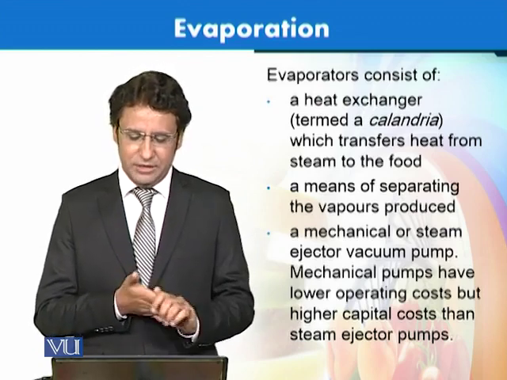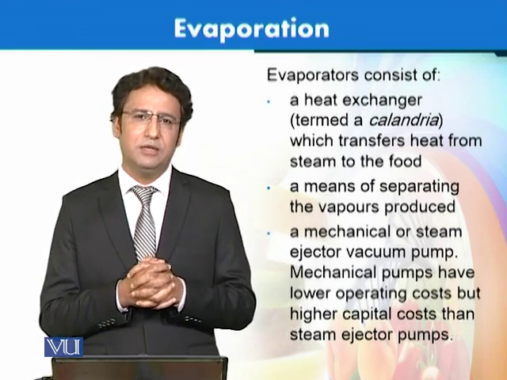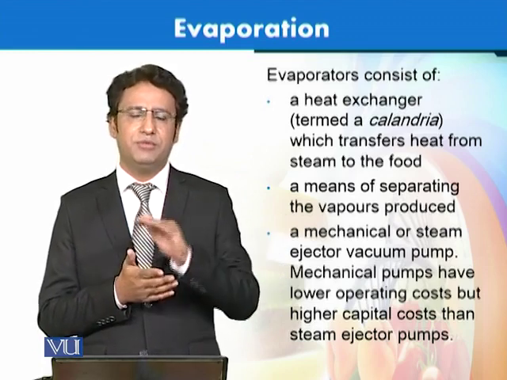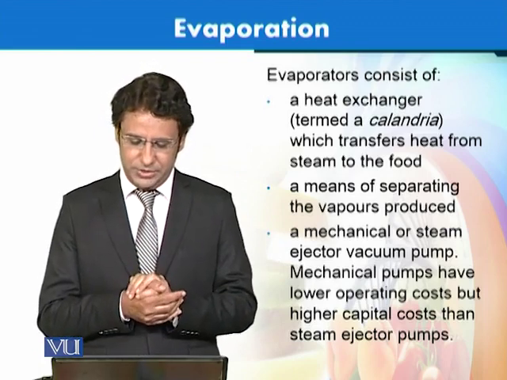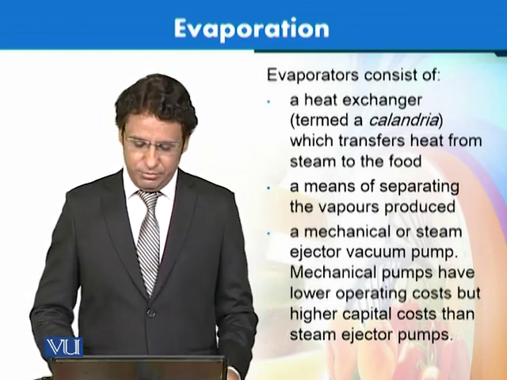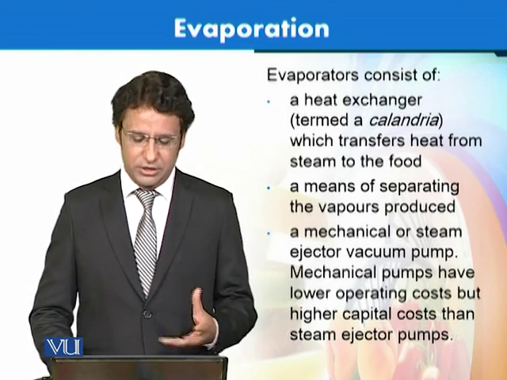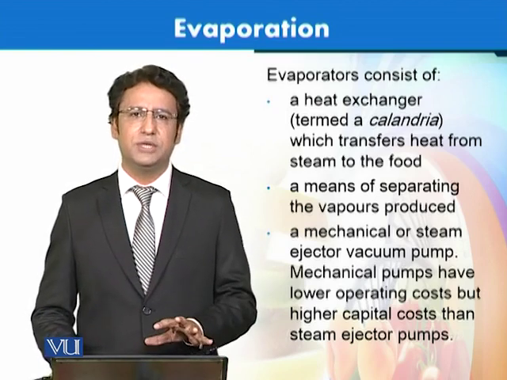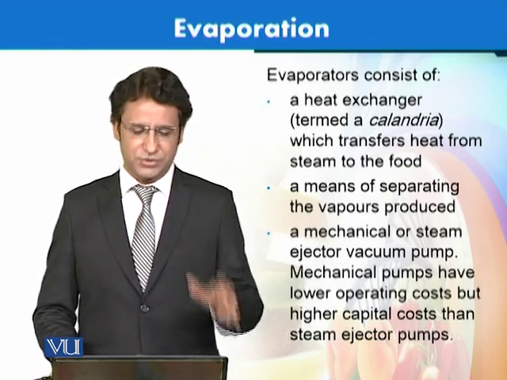There could be mechanical or steam ejector vacuum pumps. The mechanical pumps remove the steam from above the food surface in a mechanical manner, and the vacuum pumps remove it by creating vacuum. The mechanical pumps have a higher initial cost, but they are more effective at removing the moisture or the vapors that are compressed on top of the surface of the food.